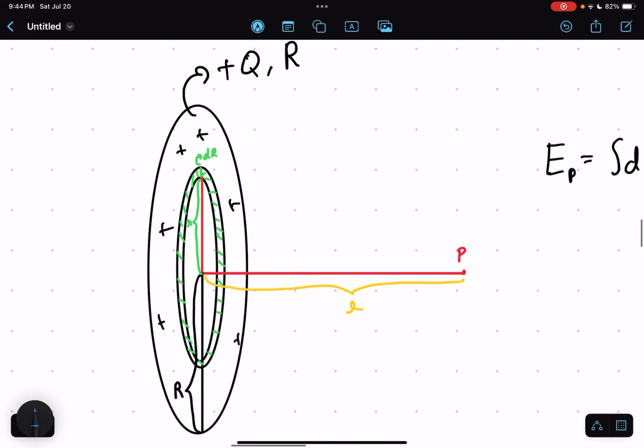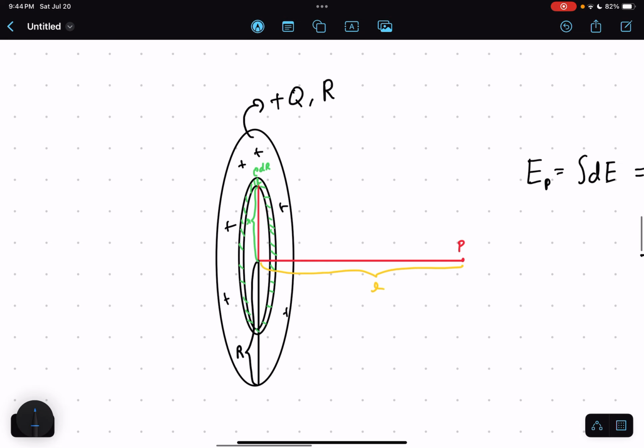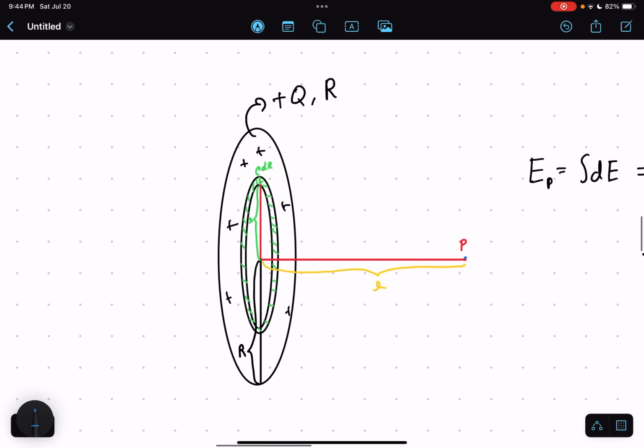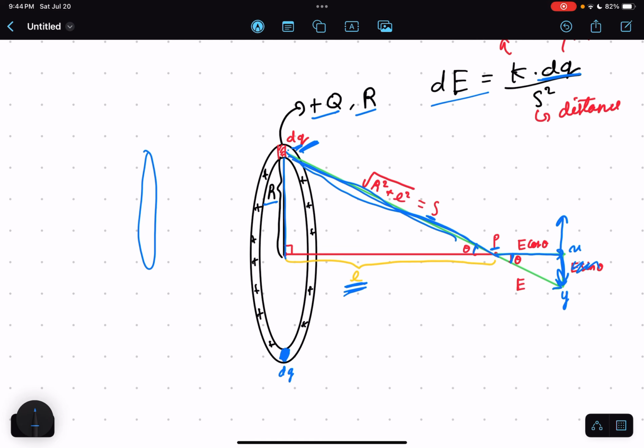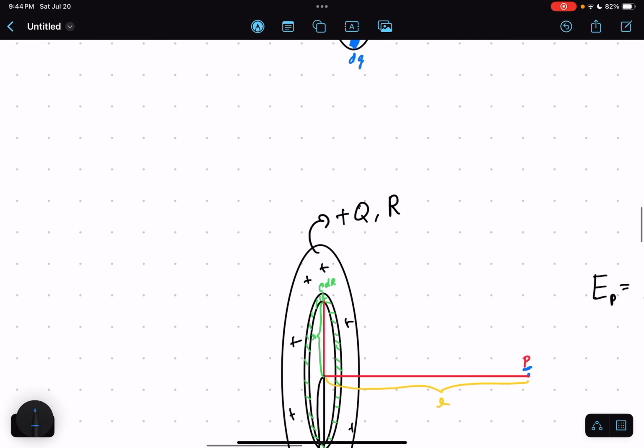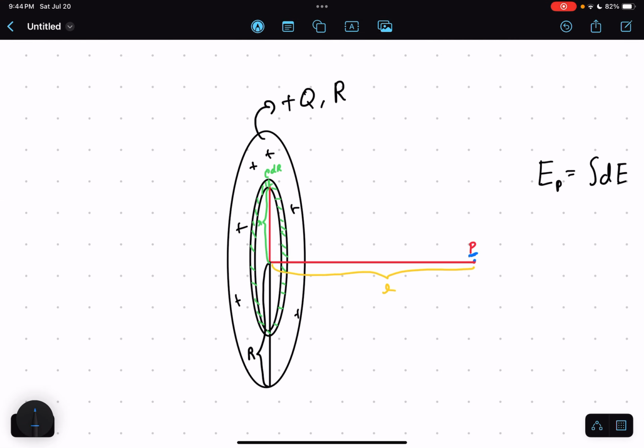So now, to find the electric field at a distance L from the center at point P over here, instead of taking dq as a point charge, we can take dq as a small ring over here.